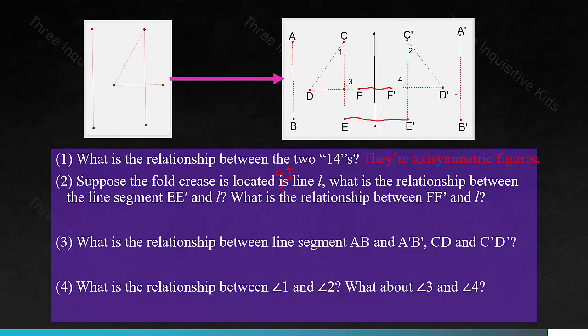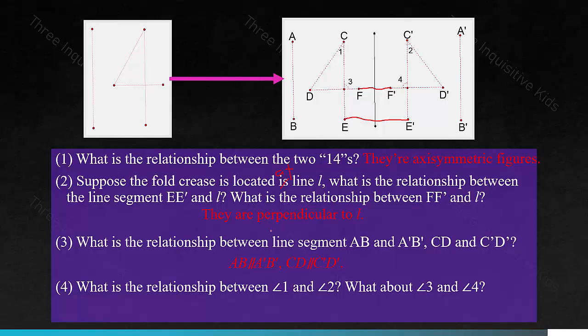So what are their relationship with L? Well, they are all perpendicular to L because they were reflected across this axis. Line L would be the axis that the 14 was reflected across. For number 3, AB is parallel to A prime, B prime, and CD is parallel to C prime, D prime. This is what happens when you reflect something across an axis.